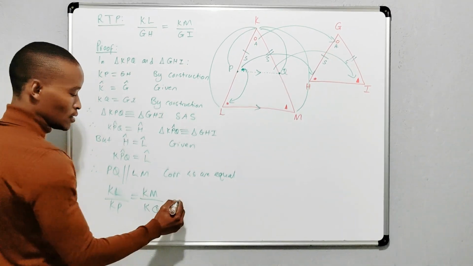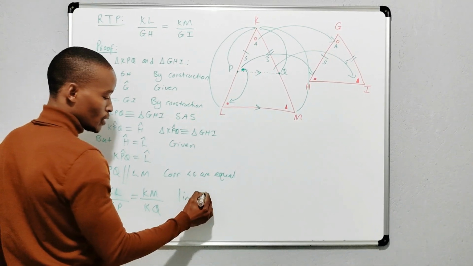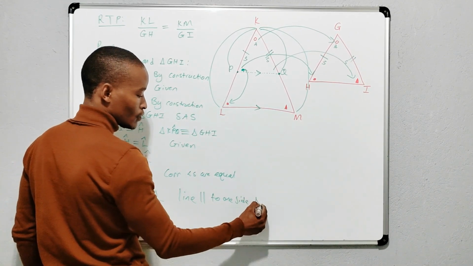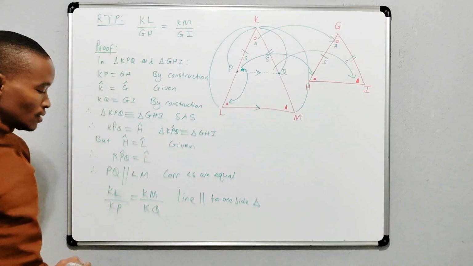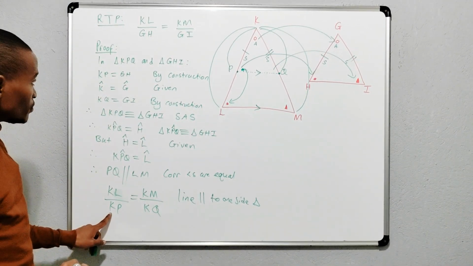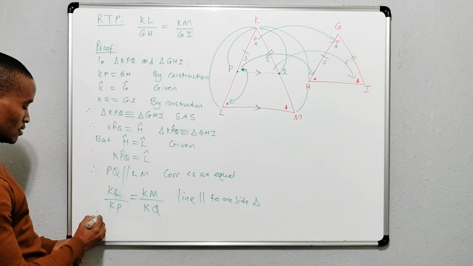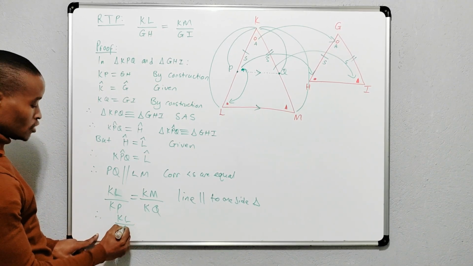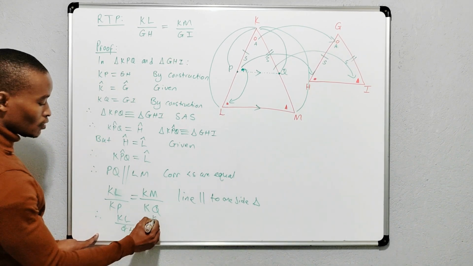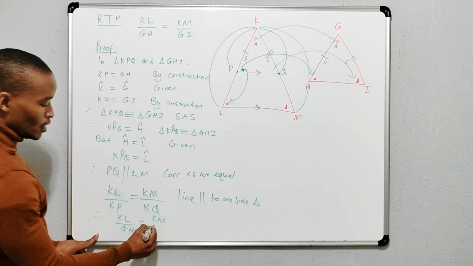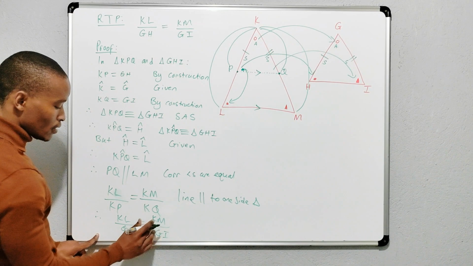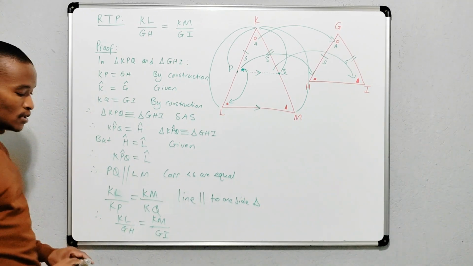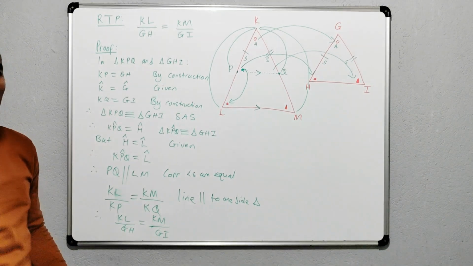What allows for that? A line parallel to one side of a triangle. And we now bring in the substitution, since KP is equal to GH and KQ is equal to GI. KL over GH will be equal to KM over GI. And there we go. That is the last line of the proof.